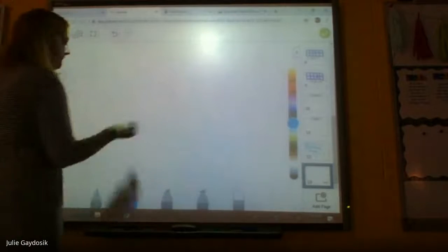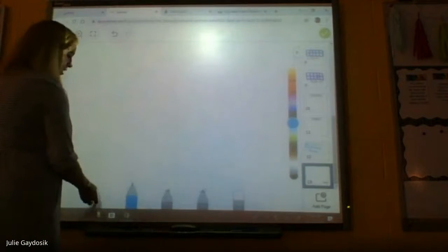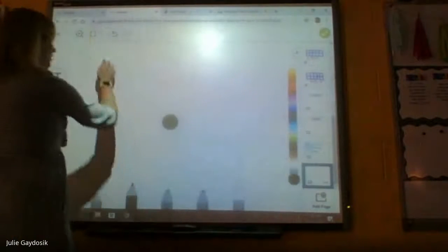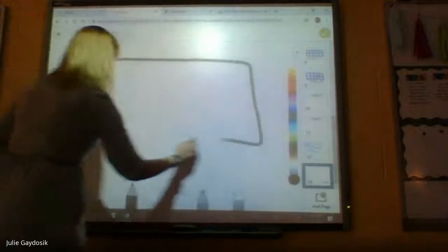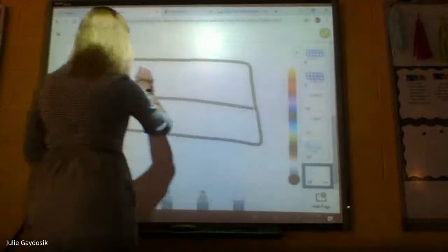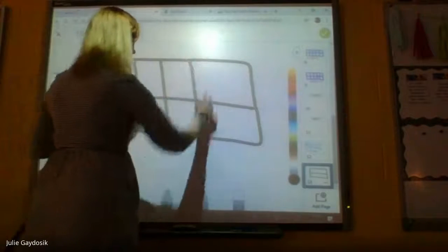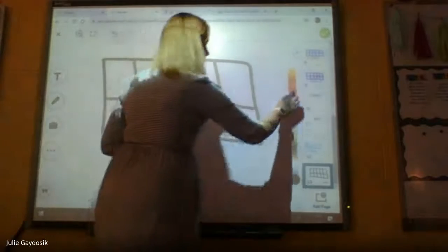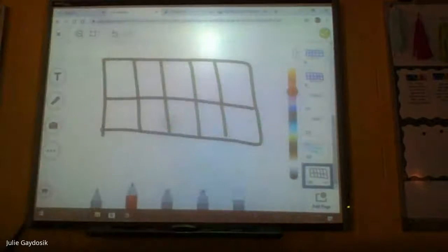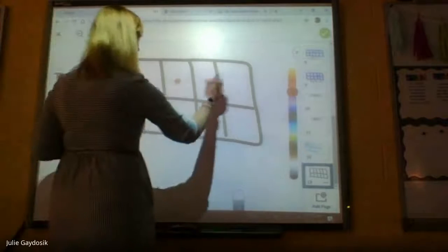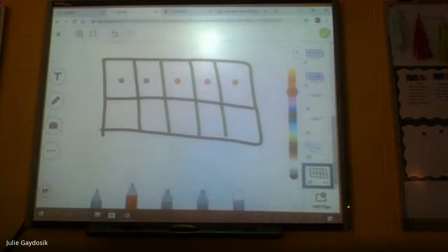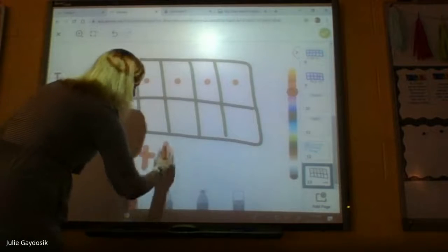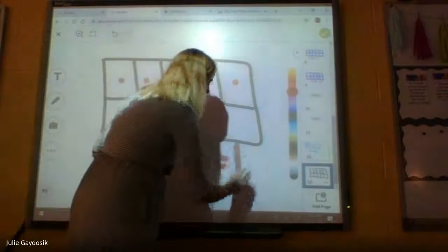The next one, number 2, which we will go over together, this is my tens frame, and there are 1, 2, 3, 4, 5 red circles on the top. Your equation is 5 plus unknown equals 10.